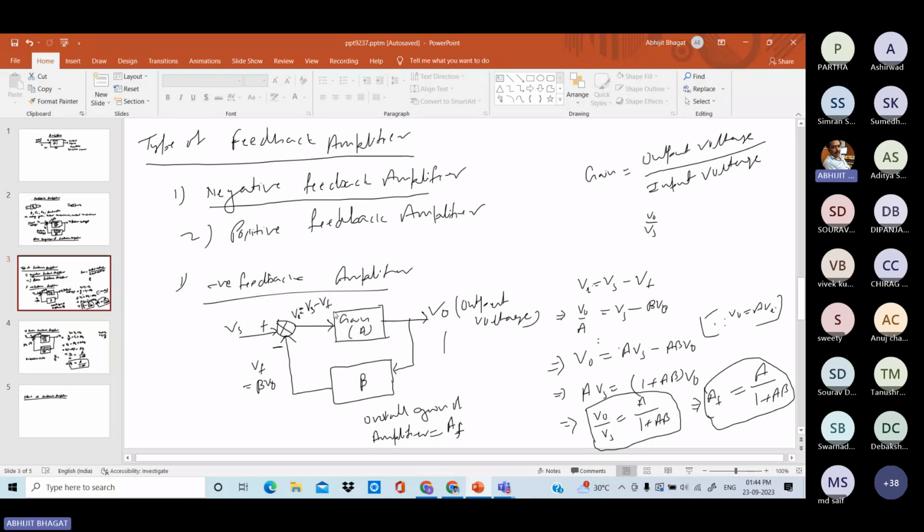Means some part of voltage is decreased from the Vs if you are using the feedback. Means your overall output is decreased by using the negative feedback.